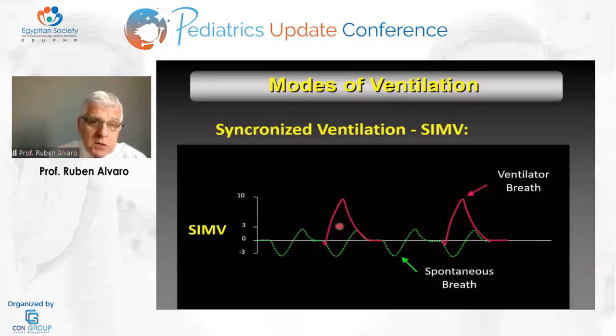So if you set a frequency of 30, the machine will deliver a breath every 2 seconds, okay? And it will try to match that breath with a synchronized breath triggered by the patient, okay? So in this mode, you have breaths that are completely spontaneous, not supported by the machine, like the green ones here, negative, positive, but then you have breaths that are fully supported by the machine. As you can see, this creates a pattern that is not homogeneous, okay?